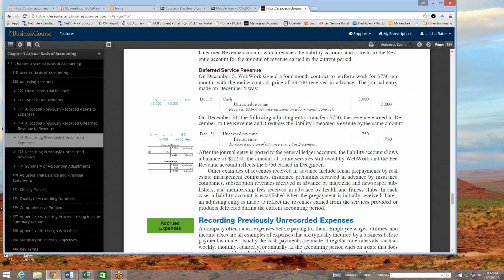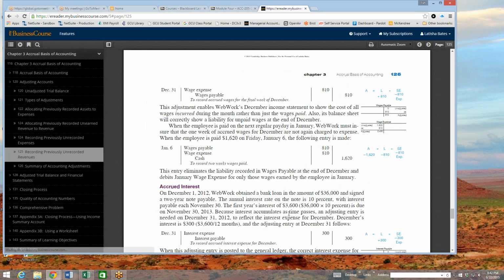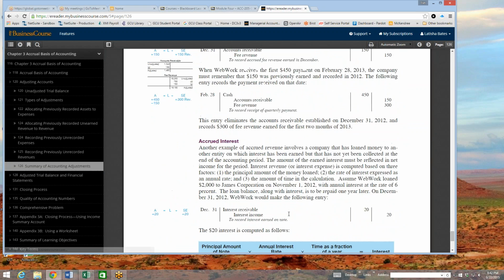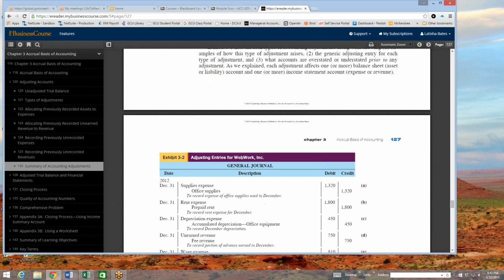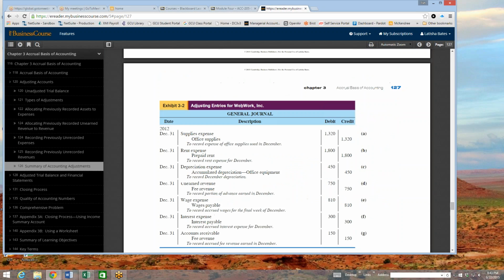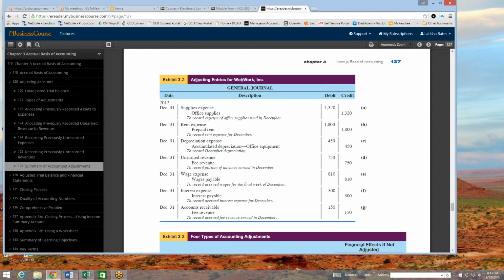Deferred service revenue, make sure you mark that one. If you want a general journal example, this would be an excellent one on page 127.